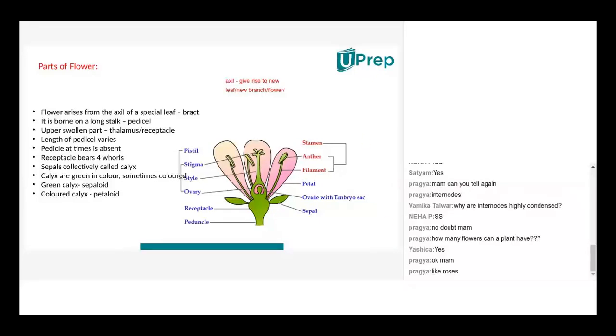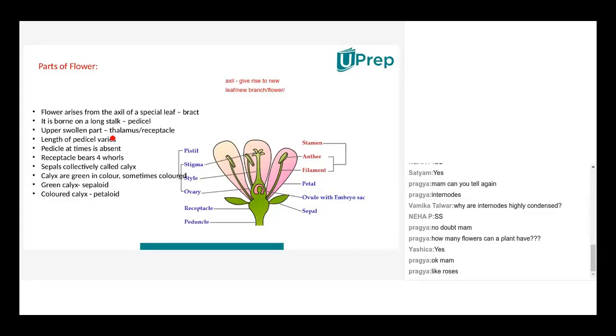All right, so we will go forward to our next portion. The length of the pedicel varies. For example, there will be certain flowers which will have a small short stalk, and flowers which will have a long stalk. So the length of the pedicel varies from flower to flower. You must have seen shoe flower or China rose have long pedicels.